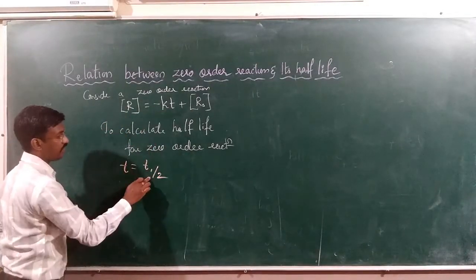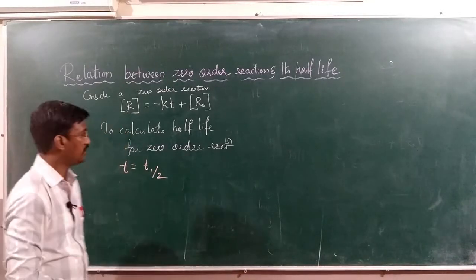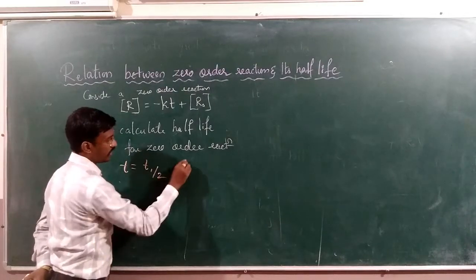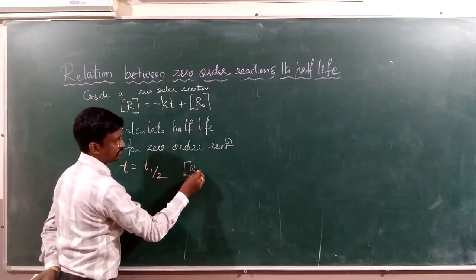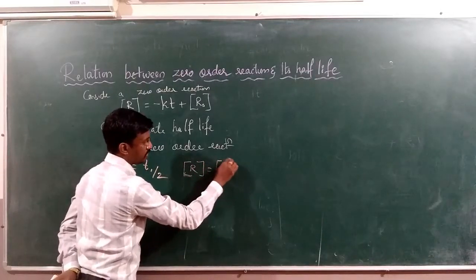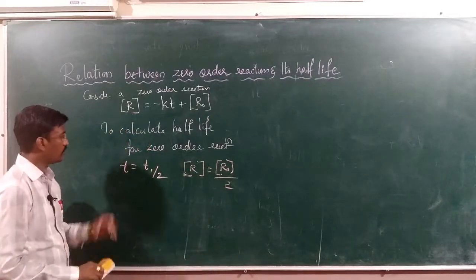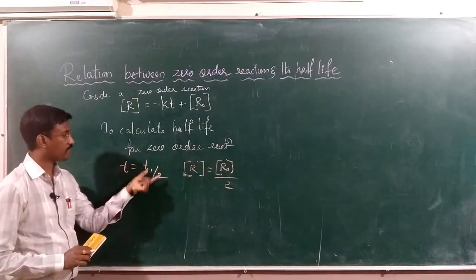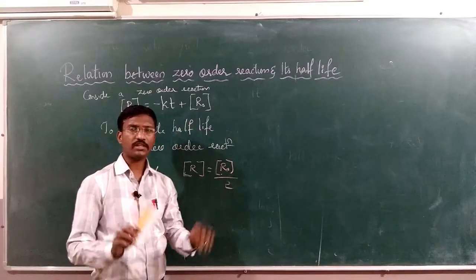T is the time, and t half is the half-life of the reaction. When we take t equal to t half, the concentration of R becomes half of the initial concentration. Are you getting my point? T half is nothing but the half-life of the reaction.